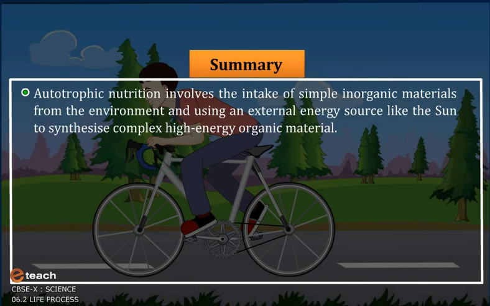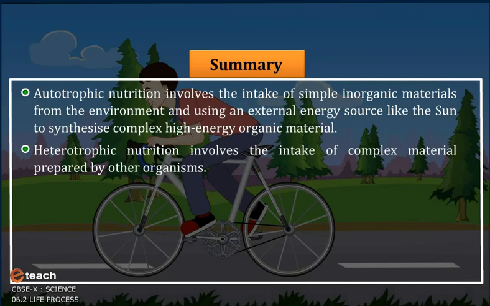Summary: autotrophic nutrition involves the intake of simple inorganic materials from the environment and using an external energy source like the sun to synthesize complex high-energy organic material.